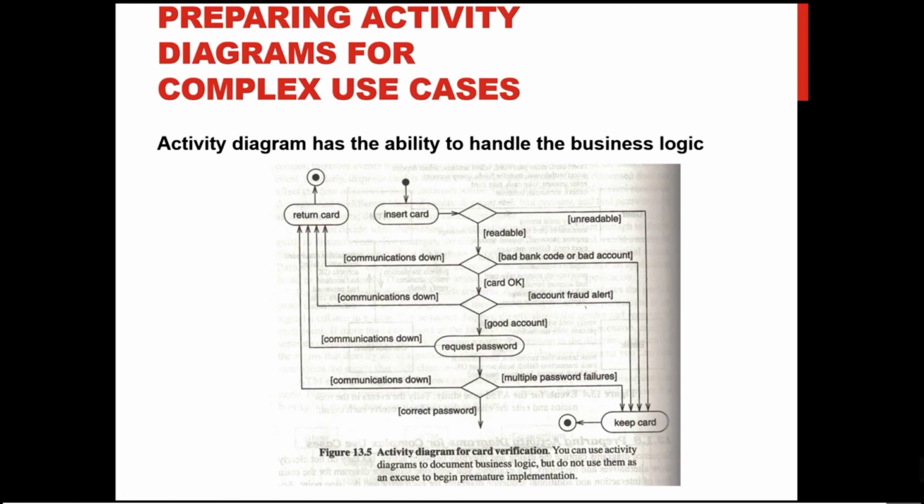It describes the business logic of this use case. There are many branches, and we know that an activity diagram mainly focuses on complex logic. It means that if the use case is complex, we can use the activity diagram to illustrate it better.